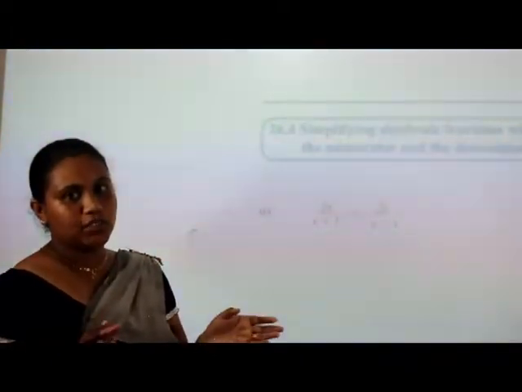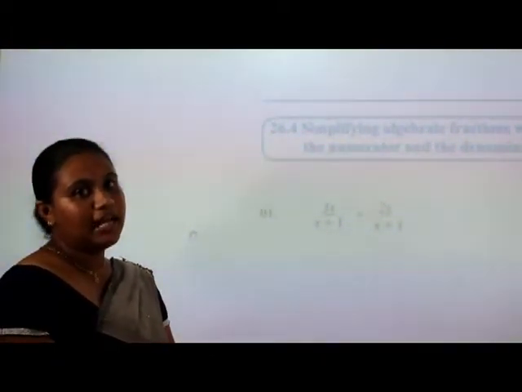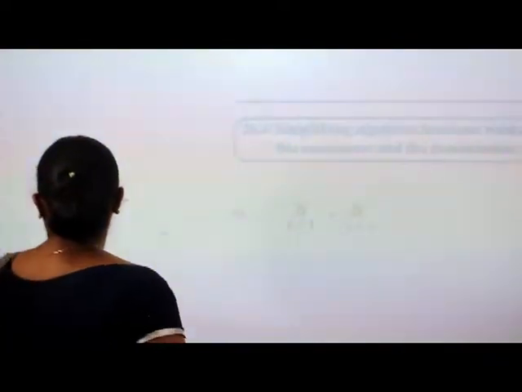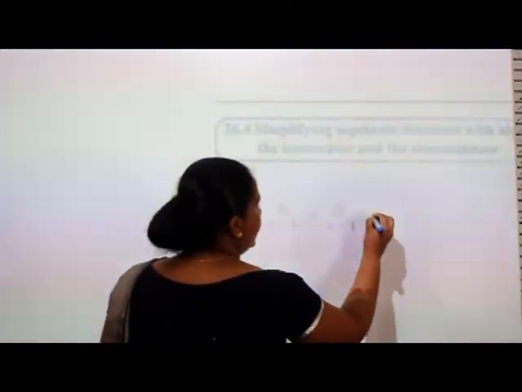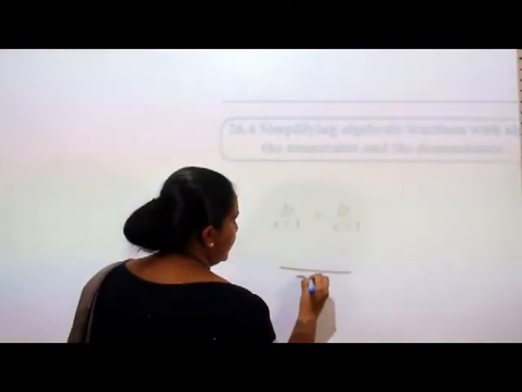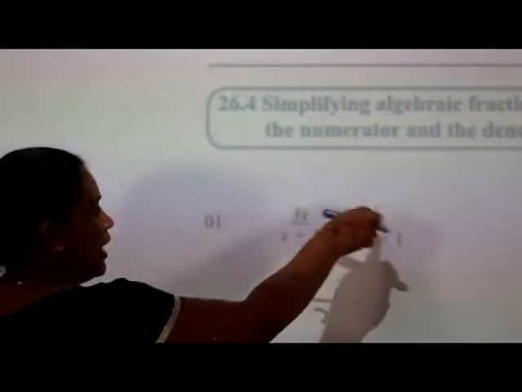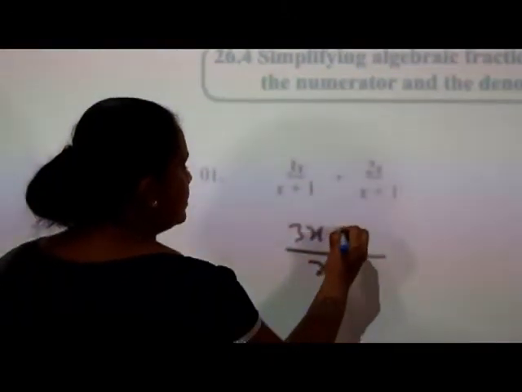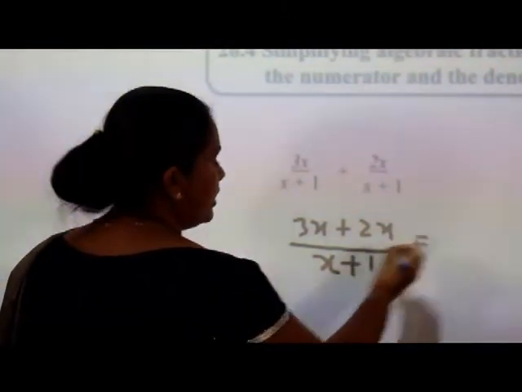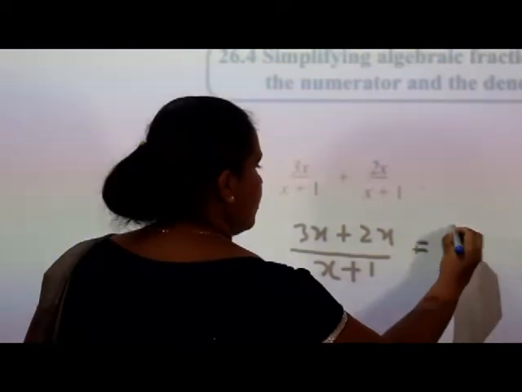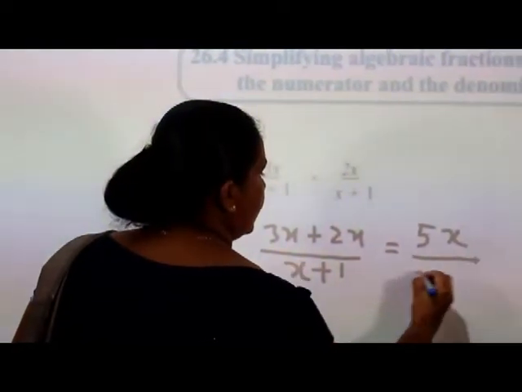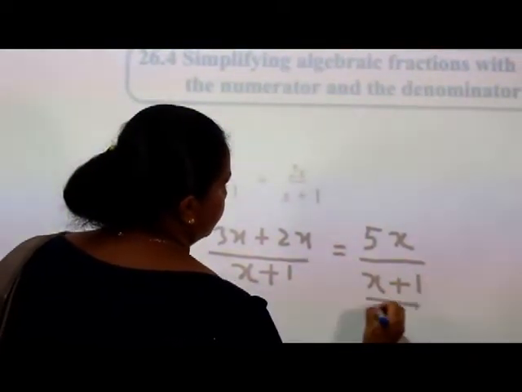So you can use the same method to simplify the algebraic expression. I will take the denominator as x plus 1. Now you can add the numerators. 3x plus 2x. So what is the answer? 3x plus 2x is 5x. Then the denominator is x plus 1.